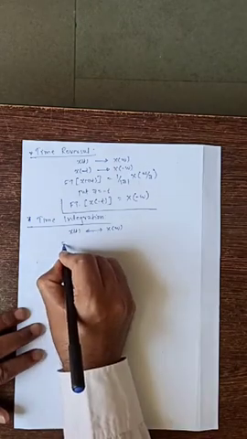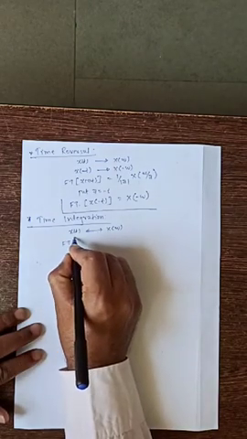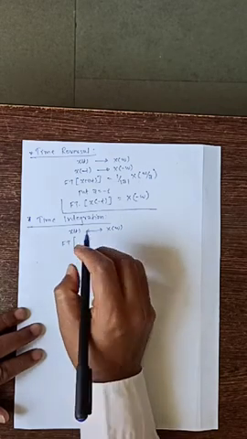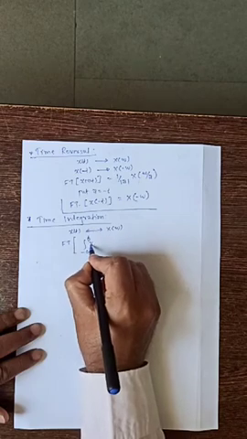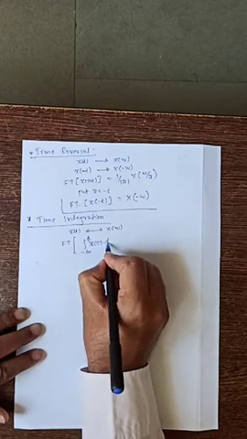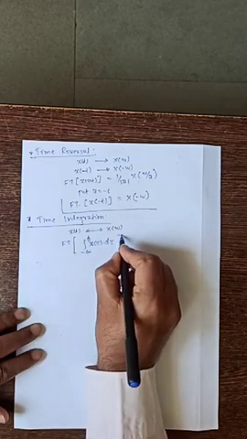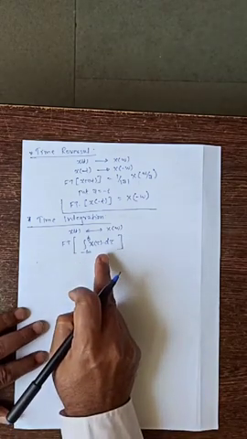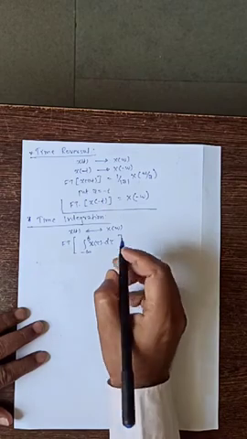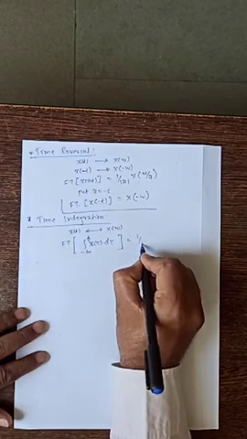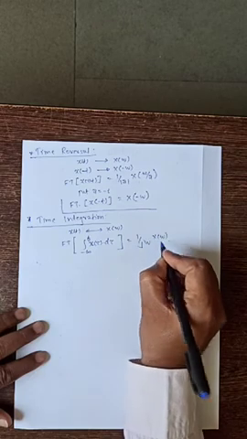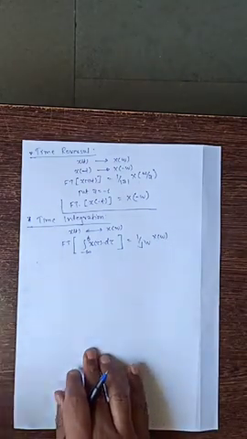Then what is the Fourier transform of the time integration, minus infinity to t, x(tau) d tau? We have to find the Fourier transform of this integration. When we integrate the signal in the time domain, the result is equal to 1 upon j omega times X(omega). This has to be proved.